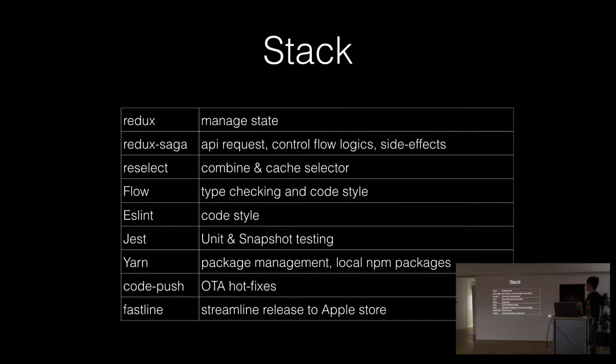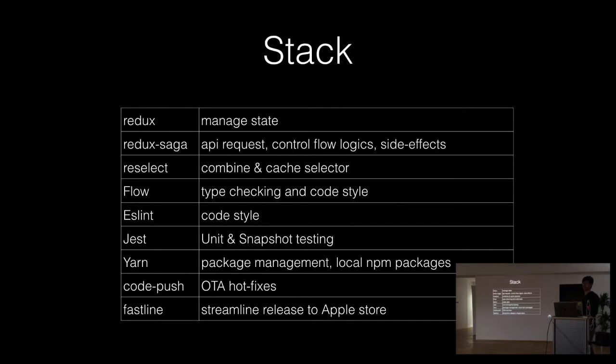The last two things are very interesting and really related to releasing the application to production. The first thing is CodePush. It helps you manage your over-the-air hotfixes. If you find a bug, you can quickly fix it and hot push it, and it gives you some flags like mandatory, so the next time the user opens the app, it immediately installs the new version, which is really cool.